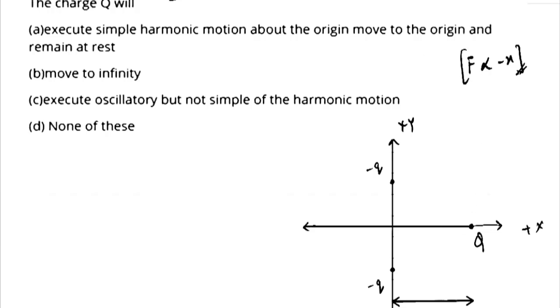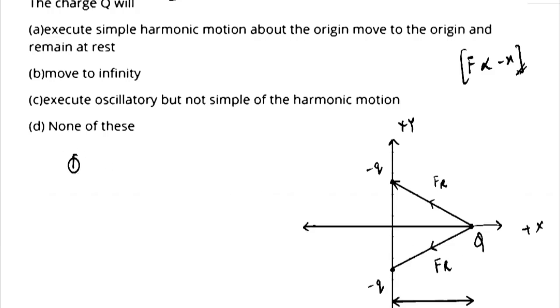The force acting on charge q due to a minus q charge will be an attractive force, in this direction. So we can say a force Fr is acting like this, and similarly we have a force due to the other minus q charge, also the same force Fr. Why the same force?